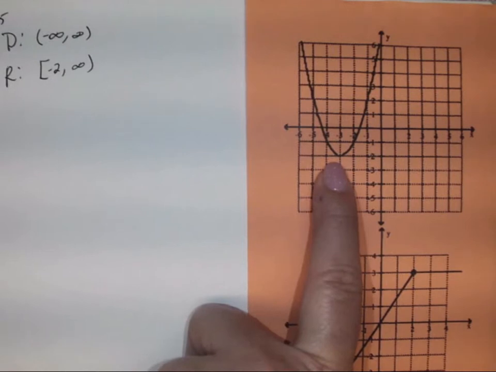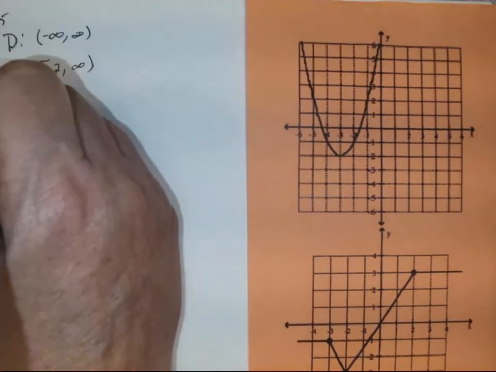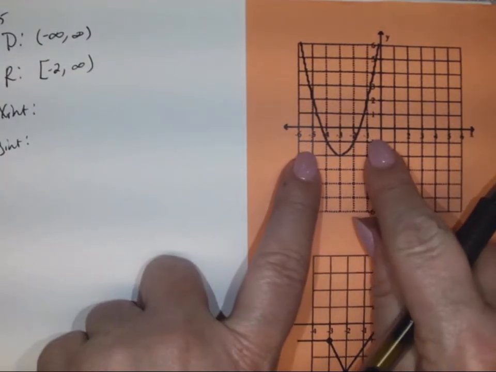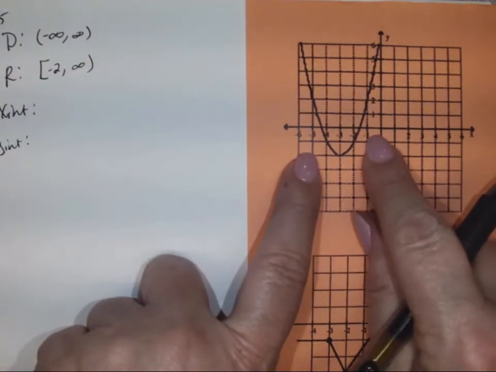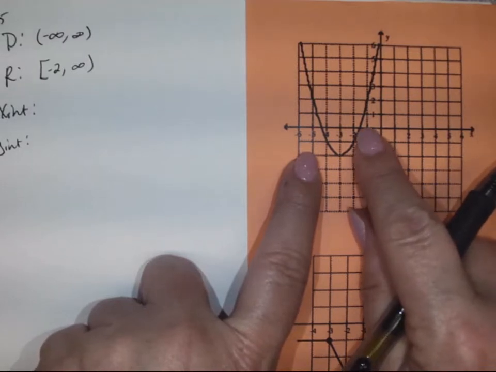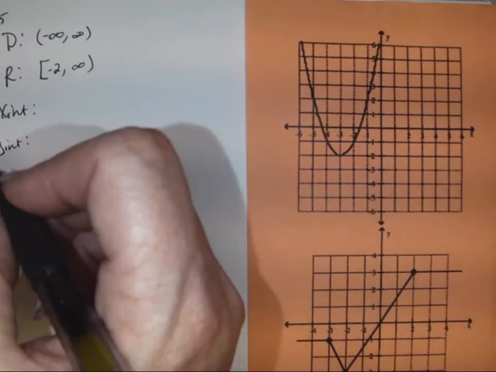And then we need to know the x-intercepts and the y-intercepts. So the x-intercepts, this is at -1 and -2. So it'll be about -1.5, and then we'll call this one at about -4.5.